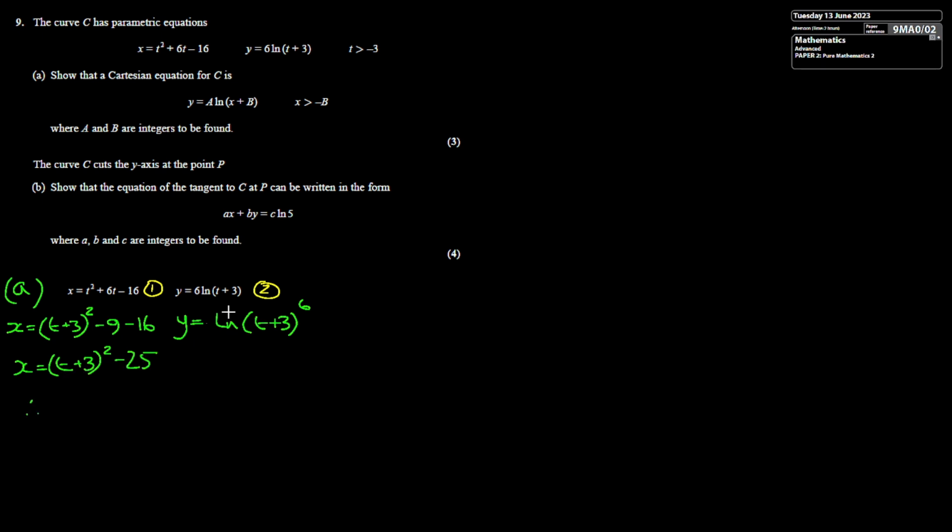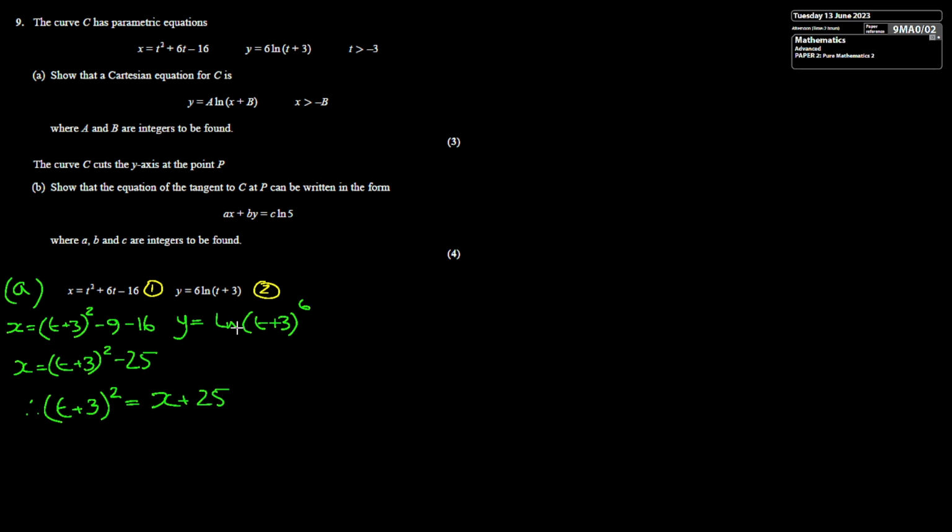t plus 3 appears in our log equation. So if I make this the subject, I'll be able to substitute this into the expression for y, and that should give us the Cartesian equation. This is how it goes. So I get (t plus 3) squared is equal to x plus 25.